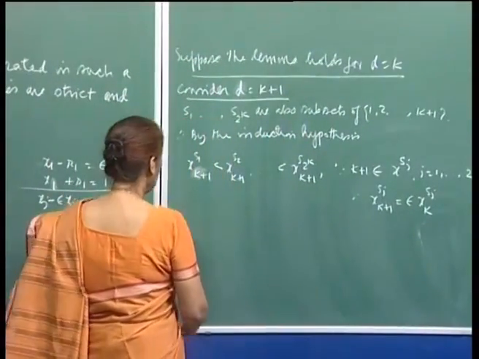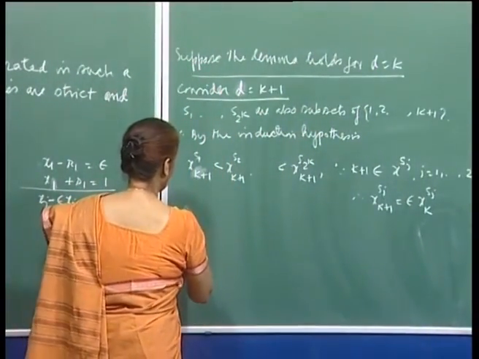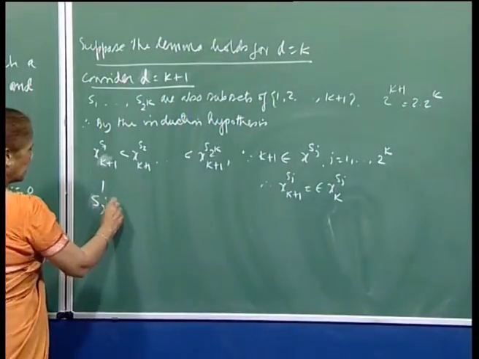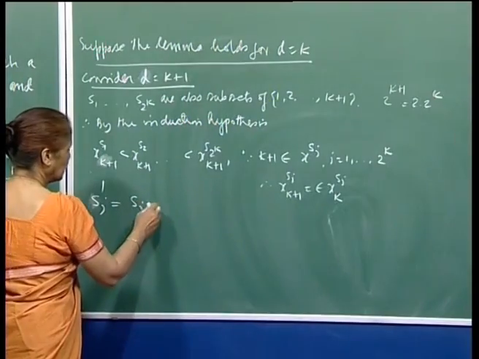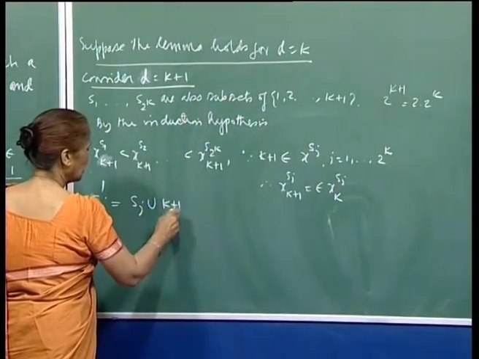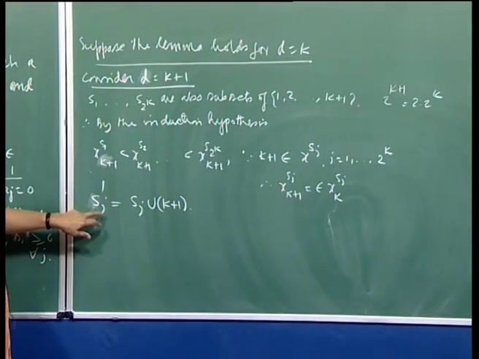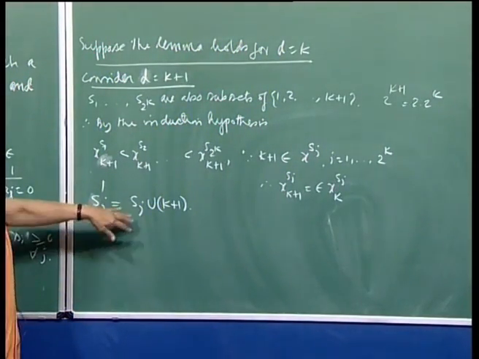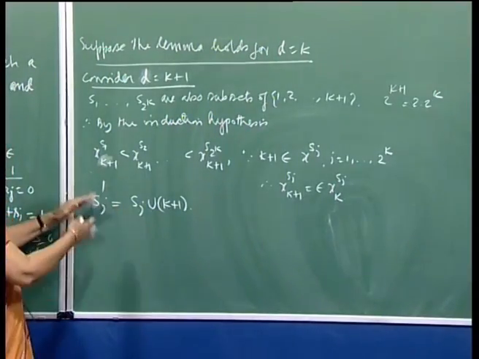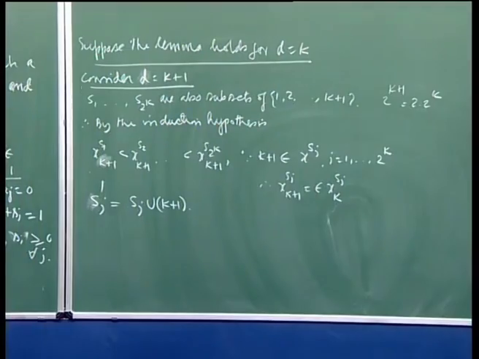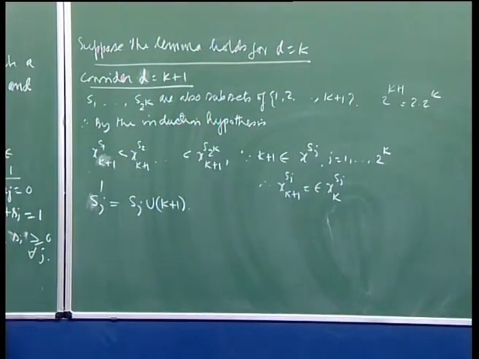So, we will define S j prime, let us call it, equal to S j union k plus 1. So, that means I am numbering them again 1 to 2 raised to k, but there will be 2 raised to k in number. So, that together with these 2 raised to k subsets will form 2 times 2 raised to k subsets, right, which is what we need.